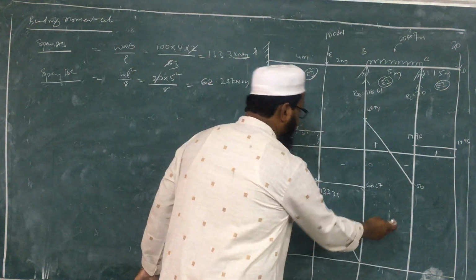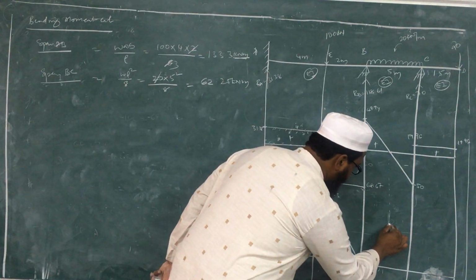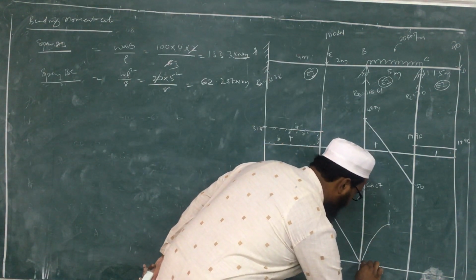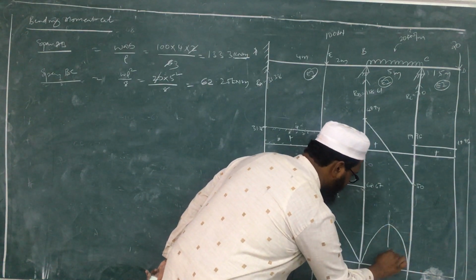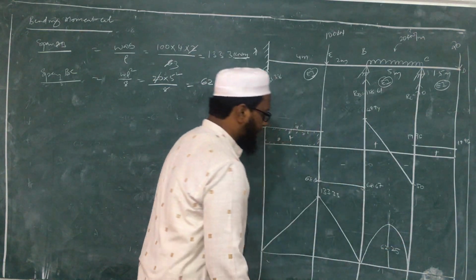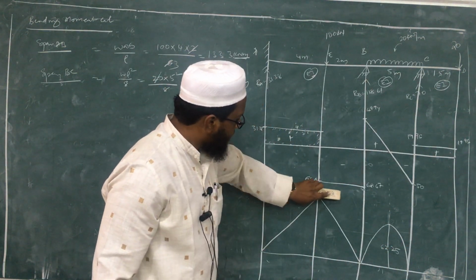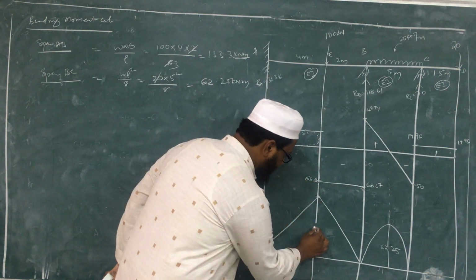So here the value is 62.25, and this one will be a parabola. I will write this value in between so that it will be easy for us to understand.